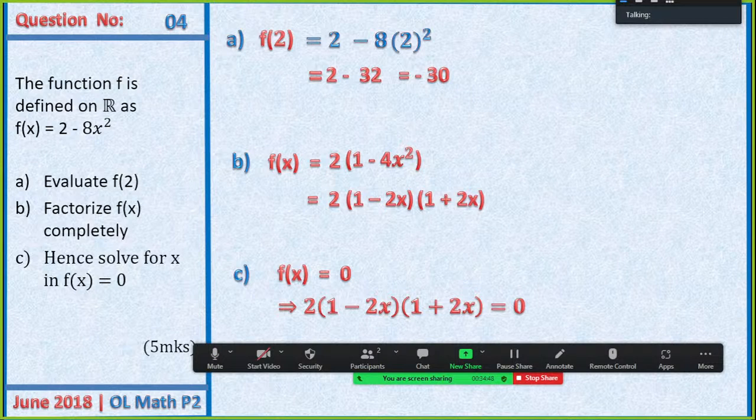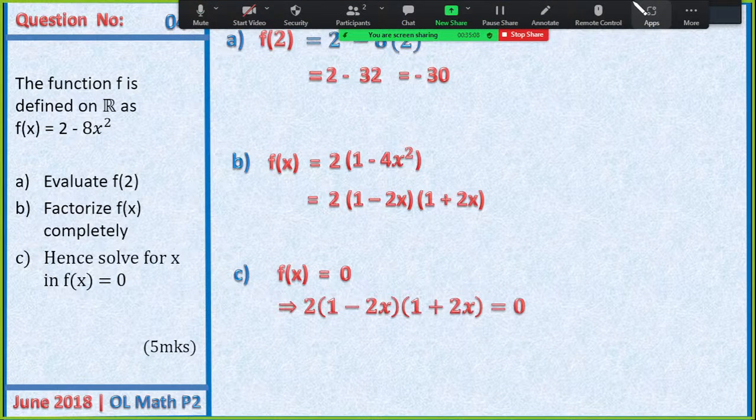So when you have this type of equation, either the first is equal to 0 or the second is equal to 0. So what I mean is either 1 minus 2x equals 0 or 1 plus 2x equals 0.